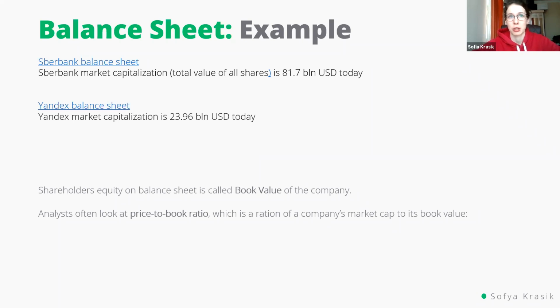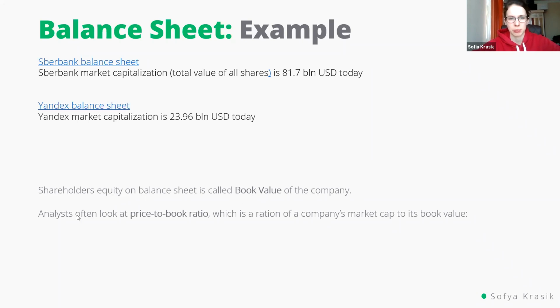And a balance sheet may not account for many other things which are not included in the current cut of the company's business. So actually, this shareholders equity calculated from the balance sheet is called book value of the company.